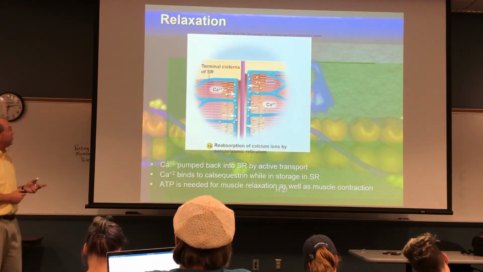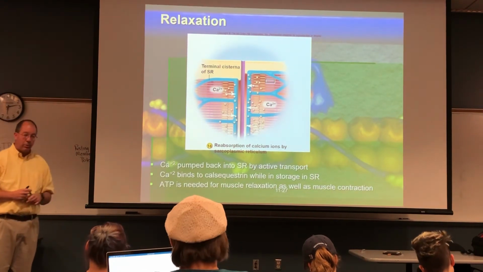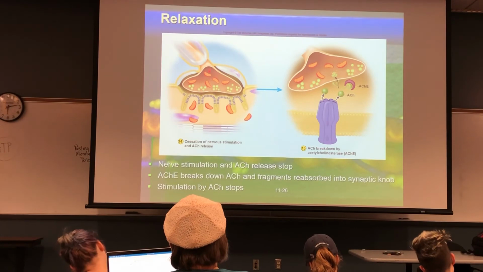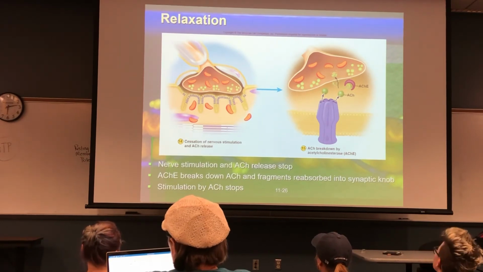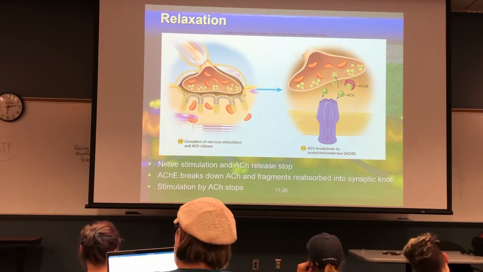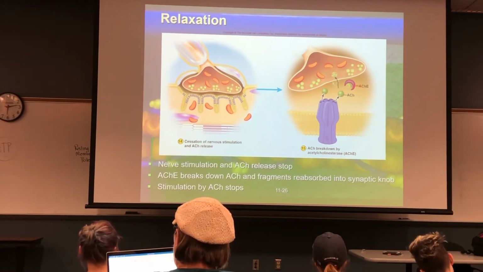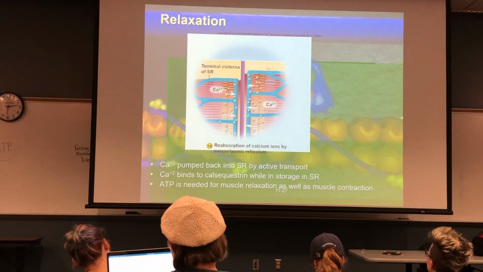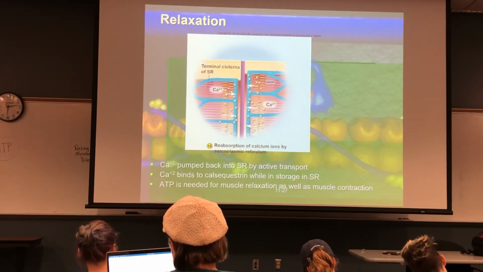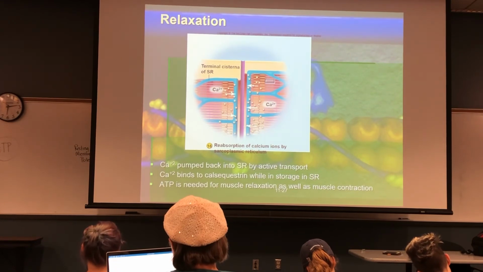Okay, so let's talk about the relaxation process. Let's rewind. No electrical signal, no calcium. Endocytosis says let's suck it back in. Acetylcholine esterase says I'll chew up any residual, any remaining. No electrical current going down in between the cisterns, so that triggers active transport, which requires ATP.